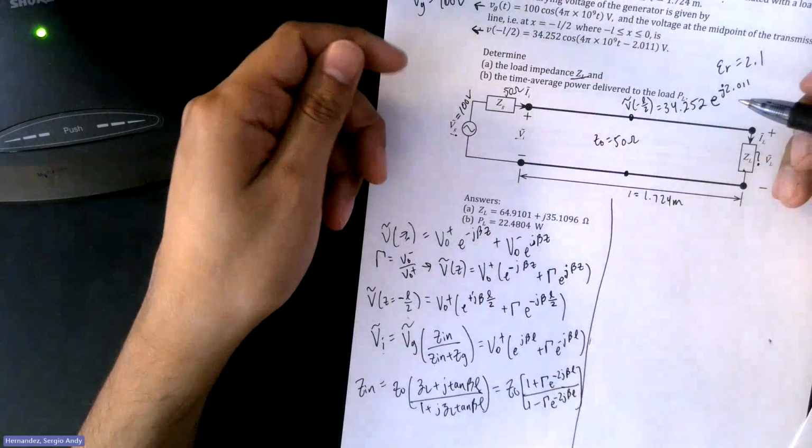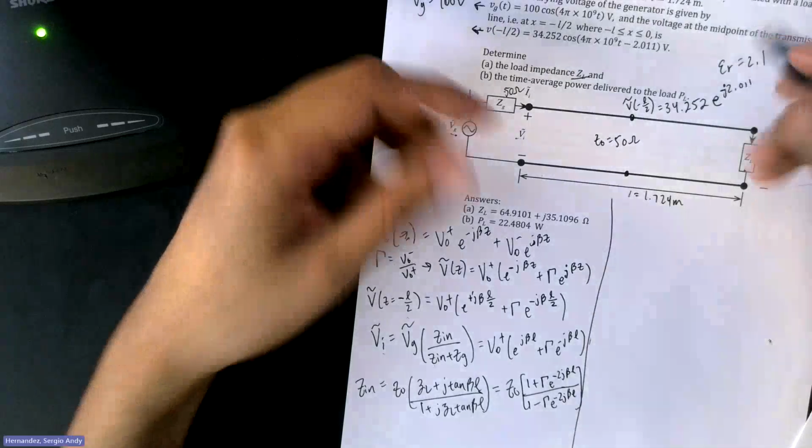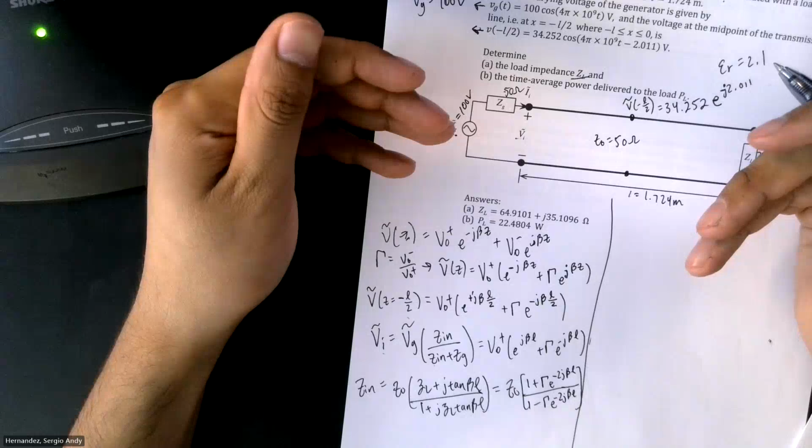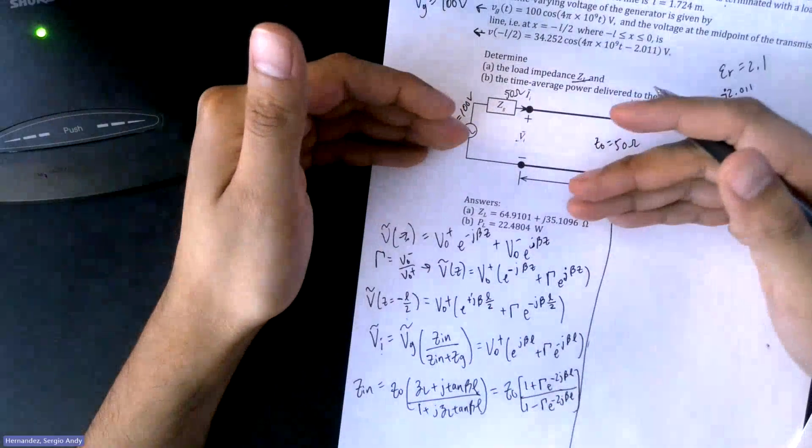So first, you always want to start off by forming the equations in such a way where there's only one unknown on each side, right?